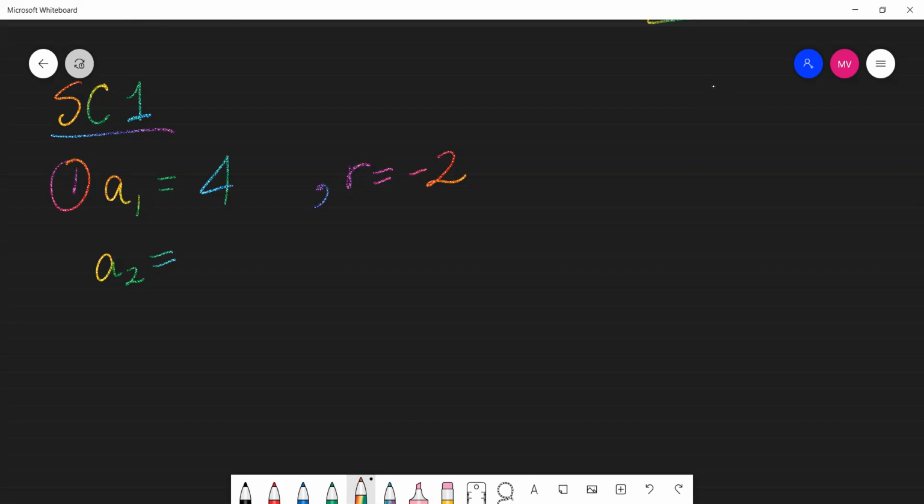How did we get that? A1, which is 4, times the common ratio, which is -2, and we find that our next number is -8. A3 is -8 times -2, which equals, anybody do this one?